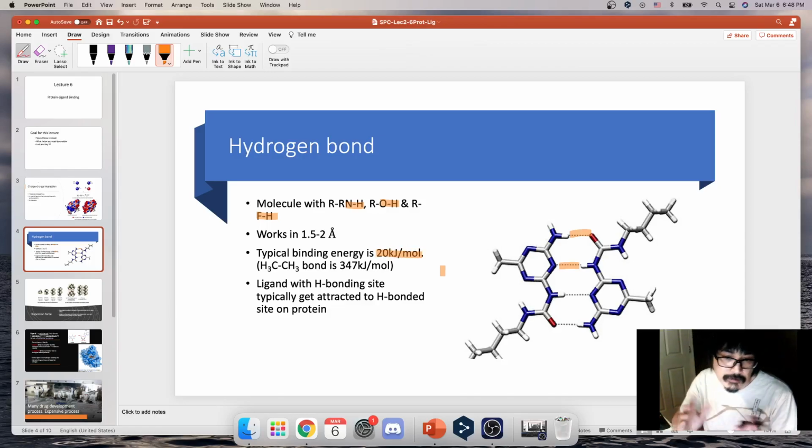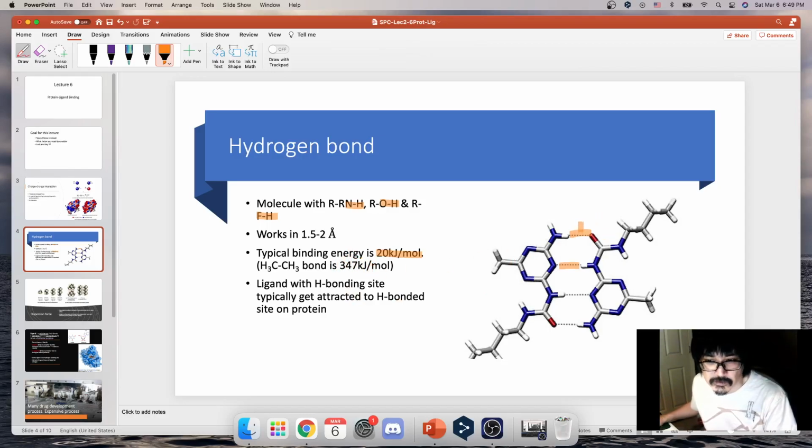And you may have heard many times that the hydrogen bond is a super strong binding force, but that's no comparison to the covalent bond. If you were to break the carbon-carbon bond right here, for example, it will cost us like 350 kilojoule per mole.